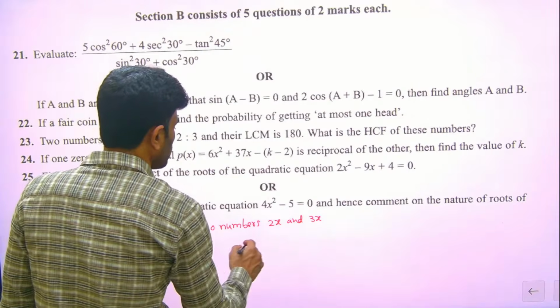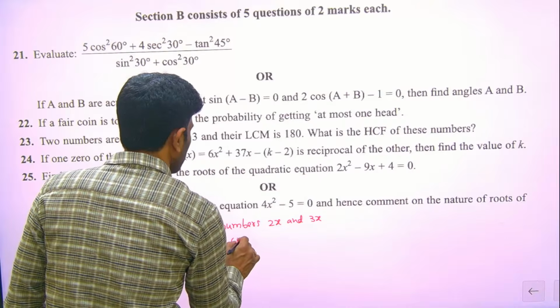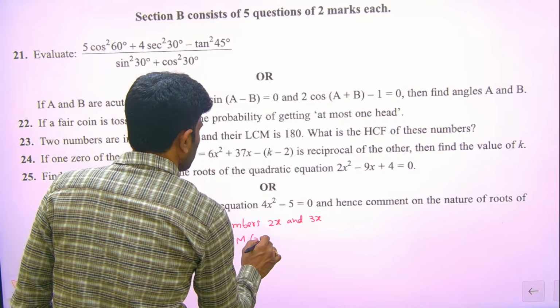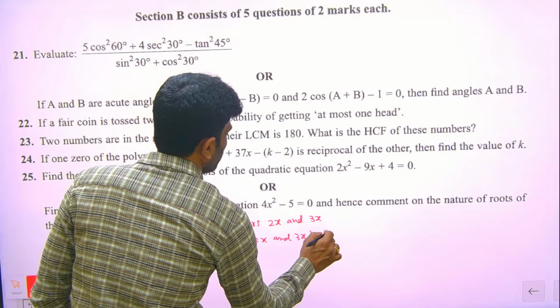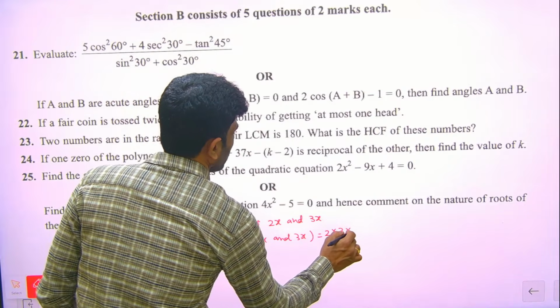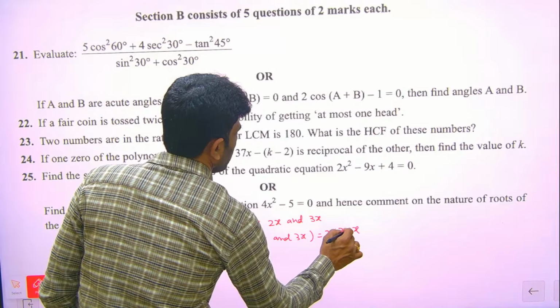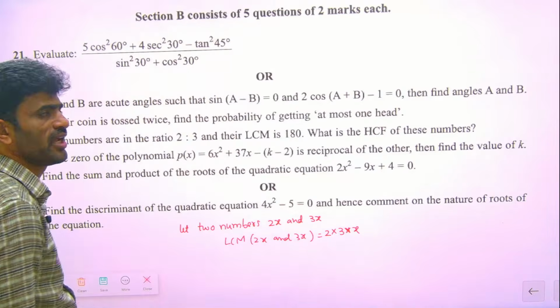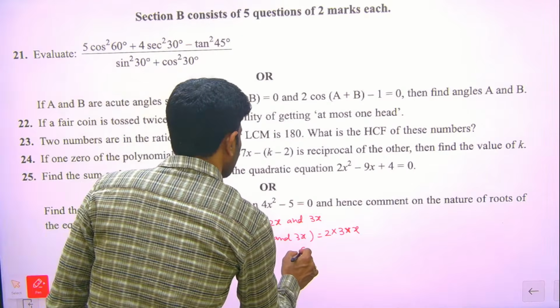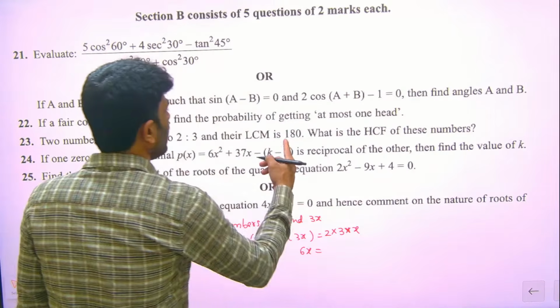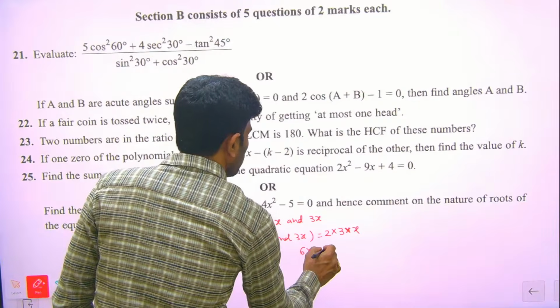When two numbers are 2x and 3x, you know what is their LCM? LCM of 2x and 3x is 2 into 3 into x, because different factors are 2, 3 and x. So LCM is just 2 into 3 into x. It is 6x.